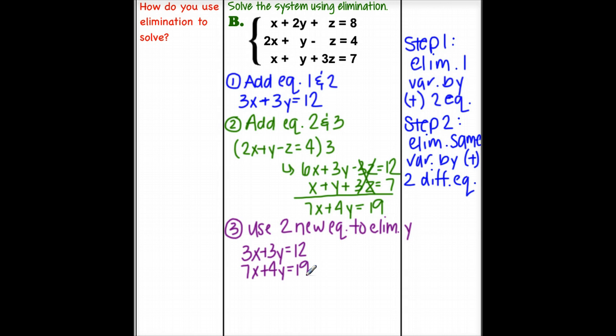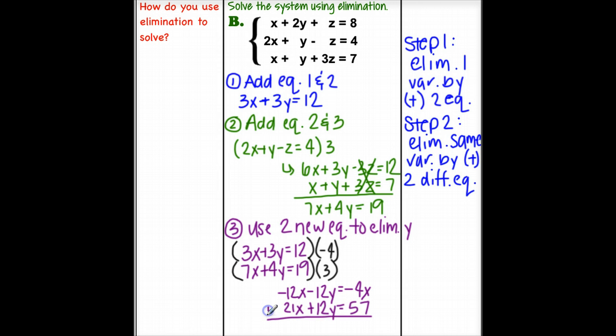I'm going to multiply the top equation by negative 4 and the bottom equation by 3, which gives me two new equations of negative 12x minus 12y equal to negative 48, and the bottom equation will be 21x plus 12y equal to 57.